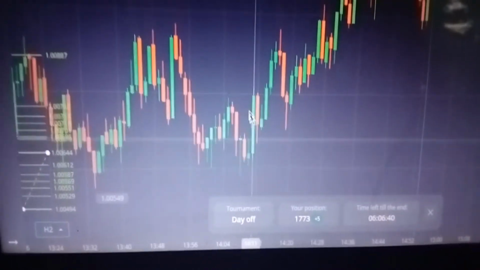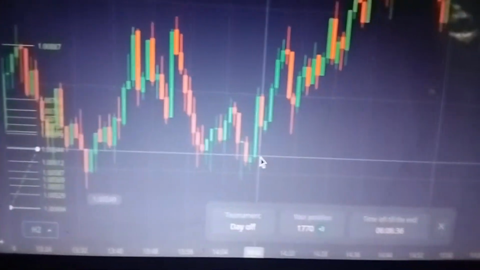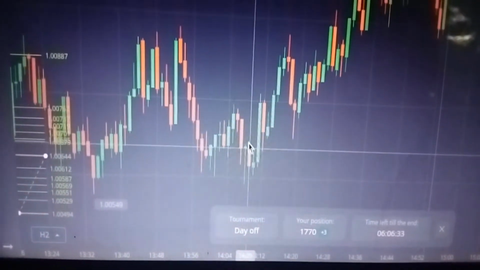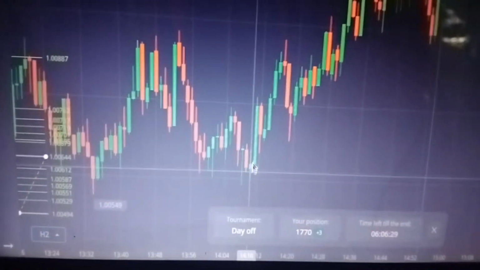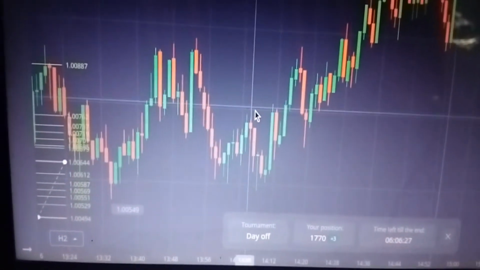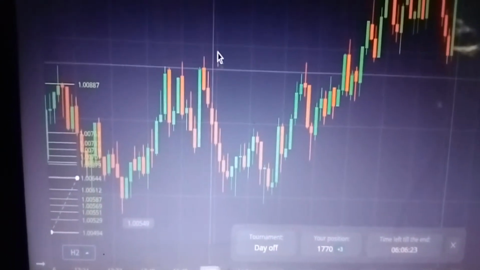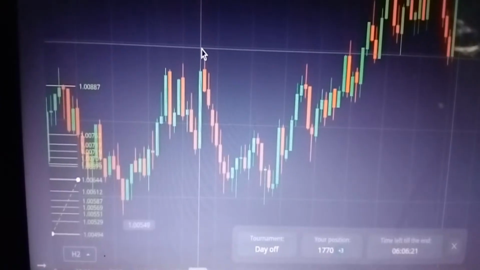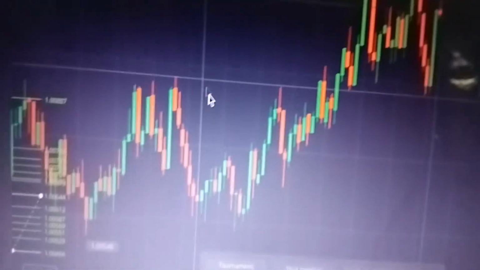So internal structure is, this is a swing high, then this swing high was broken, this swing high also, right? But that is still intact. As you can see, we didn't break that.